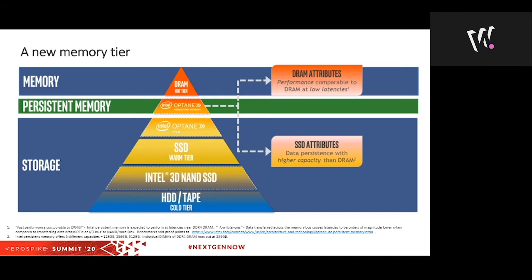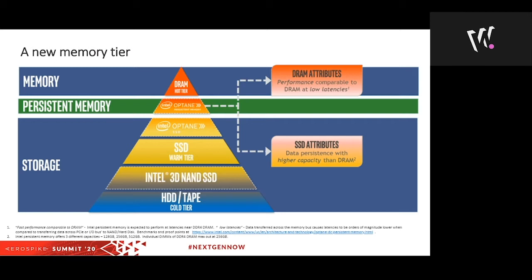If you've seen any presentation on persistent memory from Intel, you've probably seen this tier here. What we're hoping to illustrate is that for a long time, you've had this gap between memory, which is small capacity but very fast, and on the other hand, very costly. On the other side, you have storage, which has larger capacity but is slower, and on the flip side, less expensive than DRAM.